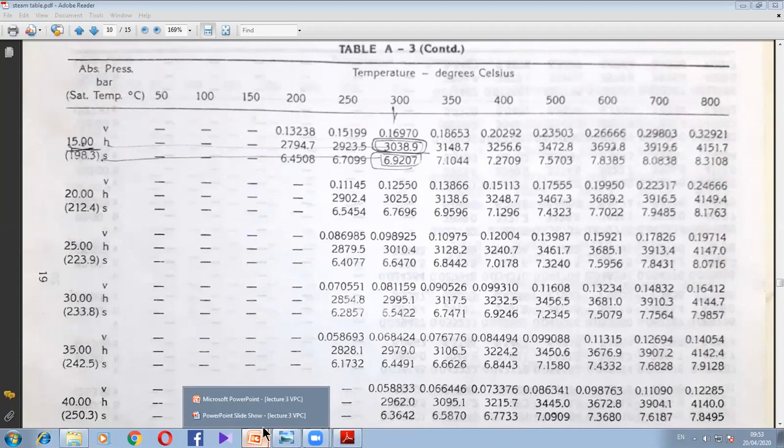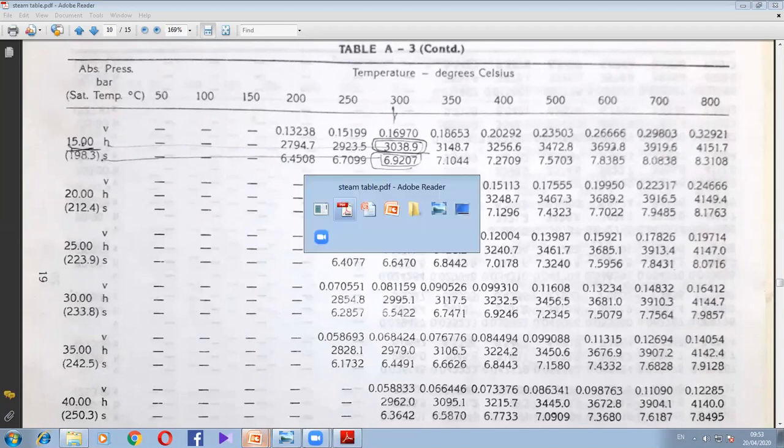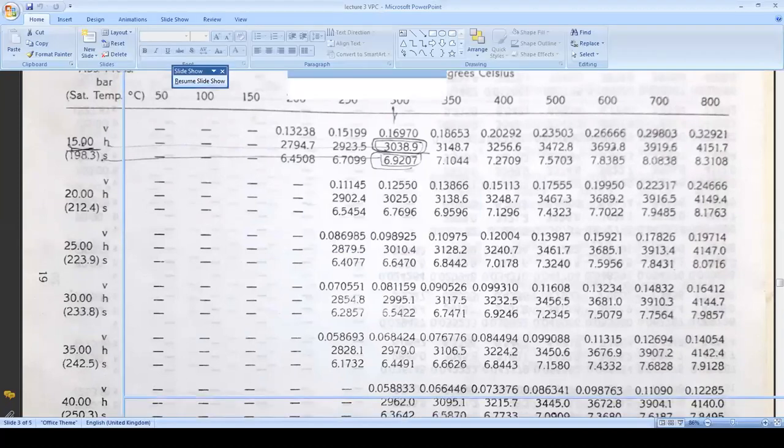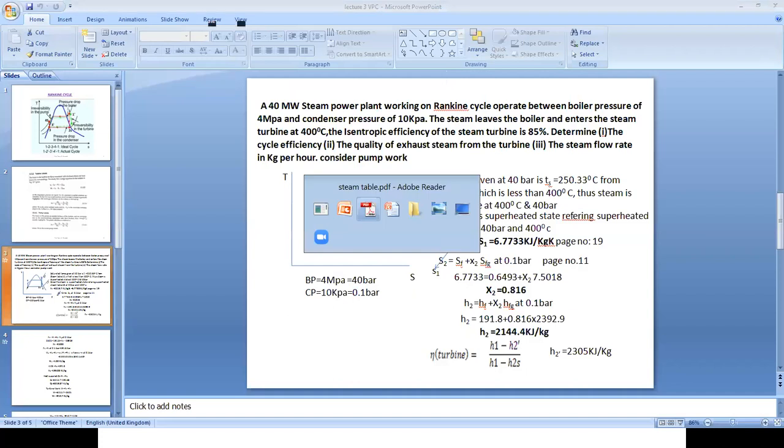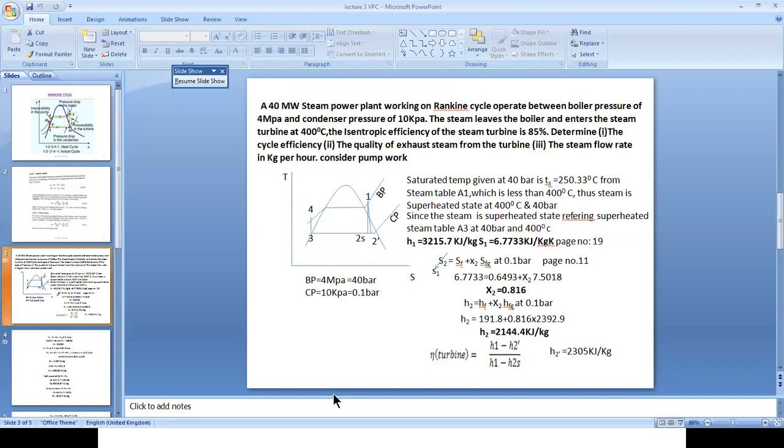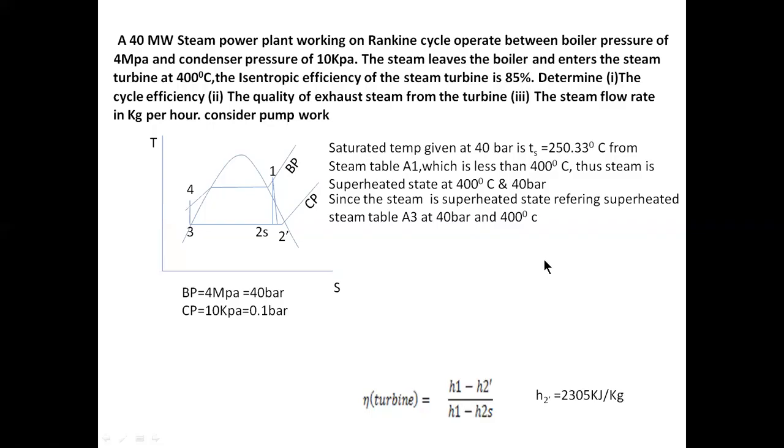Okay, so with this we will be noting down the H1 and S1. It is given in page number 19.